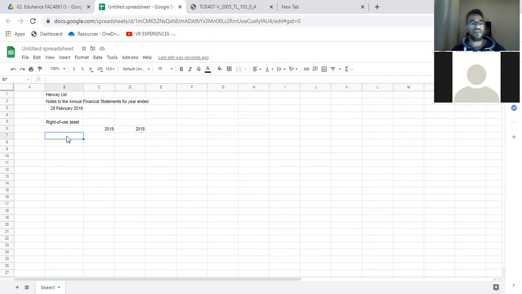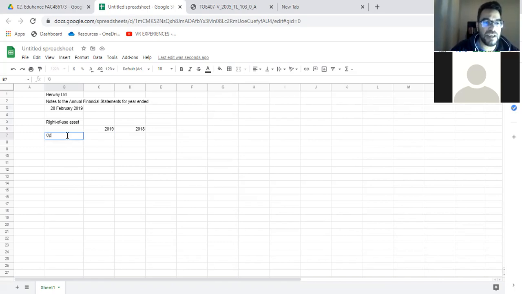So the note is basically just a reconciliation. Remember, a reconciliation in accounting is a numerical explanation of how a balance went from its opening balance to its closing balance. So remember, on the balance sheet, they would have right of use asset 2018, 2019. So in the note, we will explain how the balance went from the opening balance to the closing balance. The way we do that is through a reconciliation.